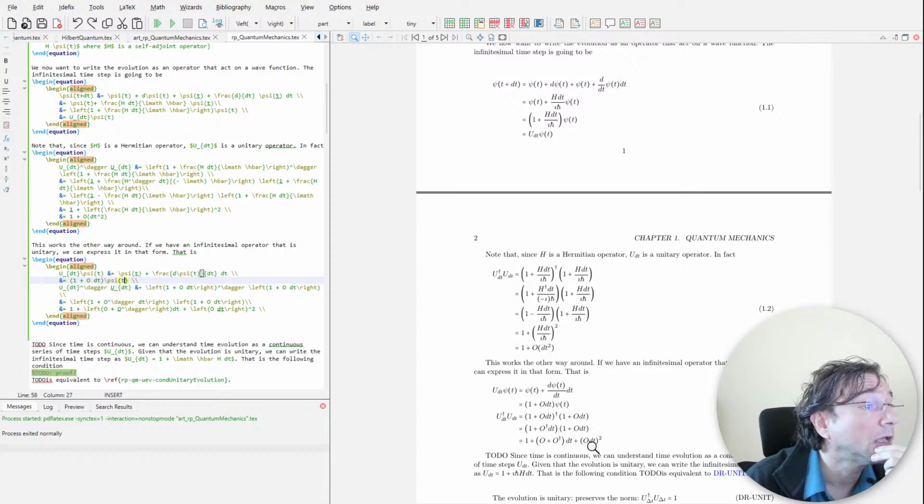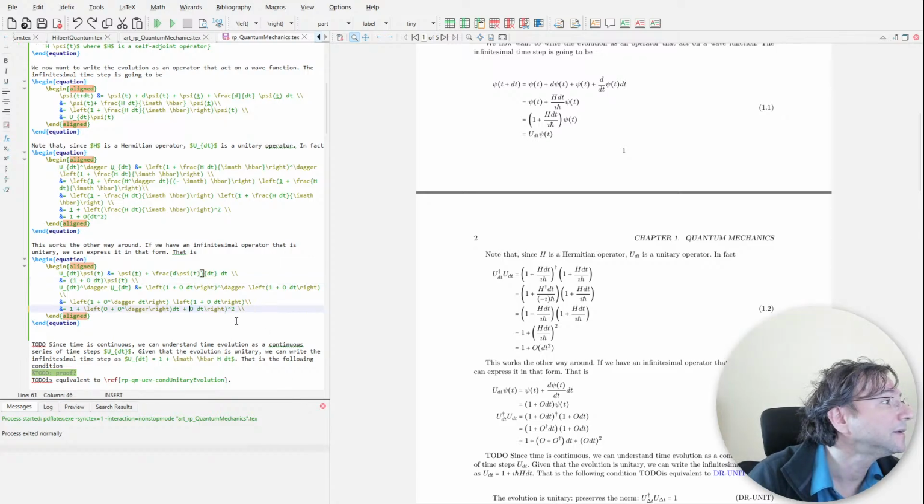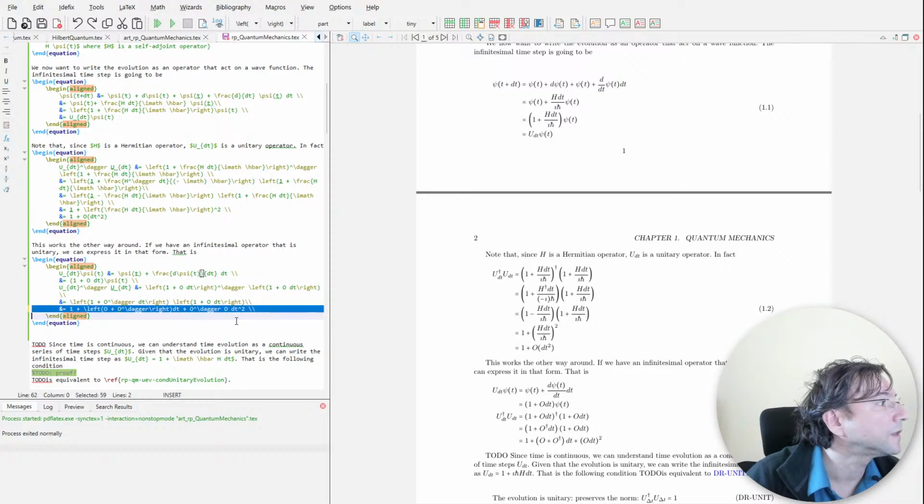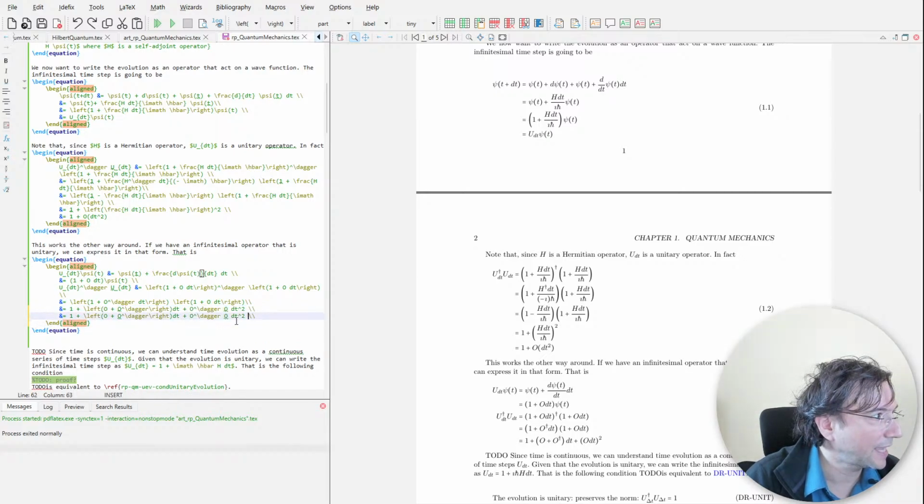And then that's not exactly how it works. So let's fix that. It's O dagger O dt squared, and so this is that plus some higher order. I put the O here. No, it doesn't work.